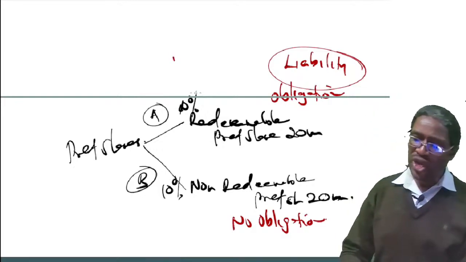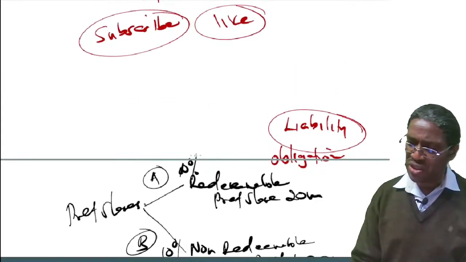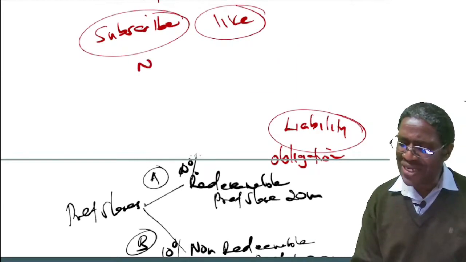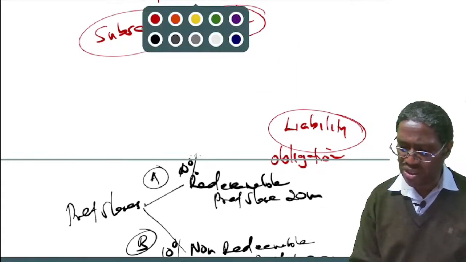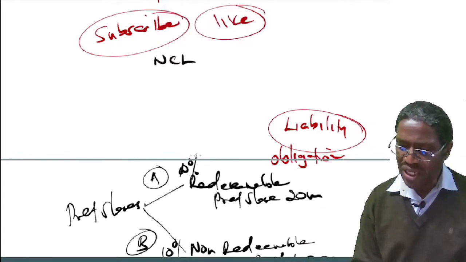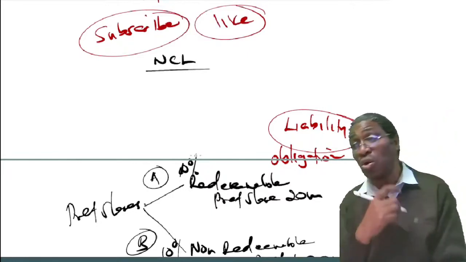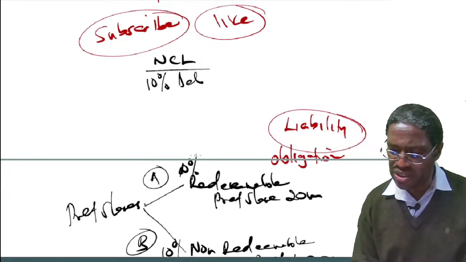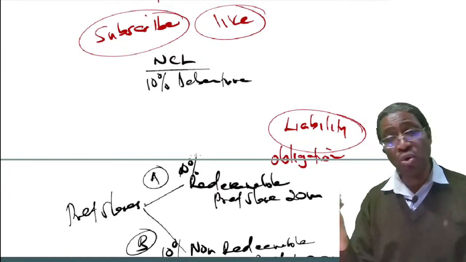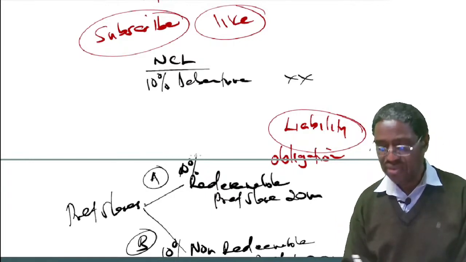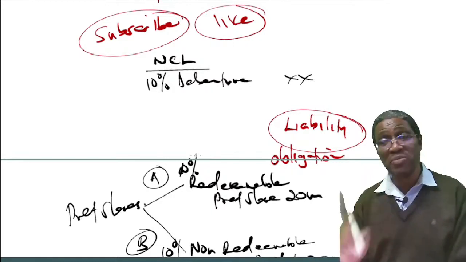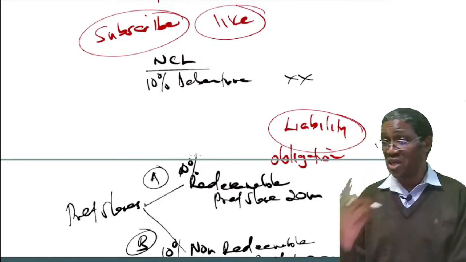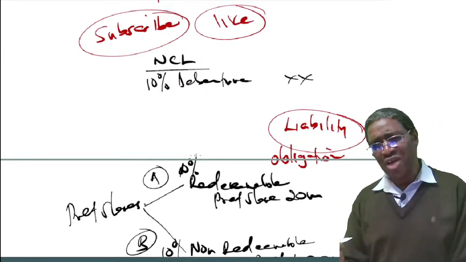Meaning, where you normally show among the non-current liabilities in your balance sheet, or what you can call long-term liabilities, you normally have things like 10% debentures or a loan, whatever it is. Because you must pay back your debentures, or if it's a loan, you must pay back your loan.